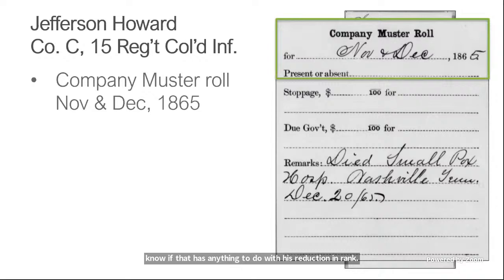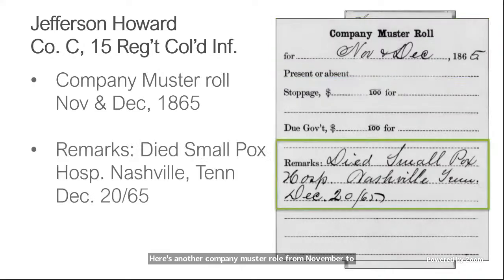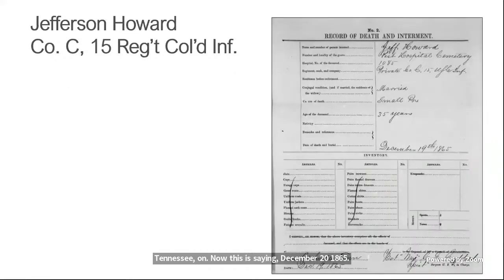Here's another company muster roll from November to December in 1865. And we get in the remarks that he died. So he has died of smallpox in a hospital in Nashville, Tennessee. Now this is saying December 20th, 1865. Continuing in his packet was more information about his death.